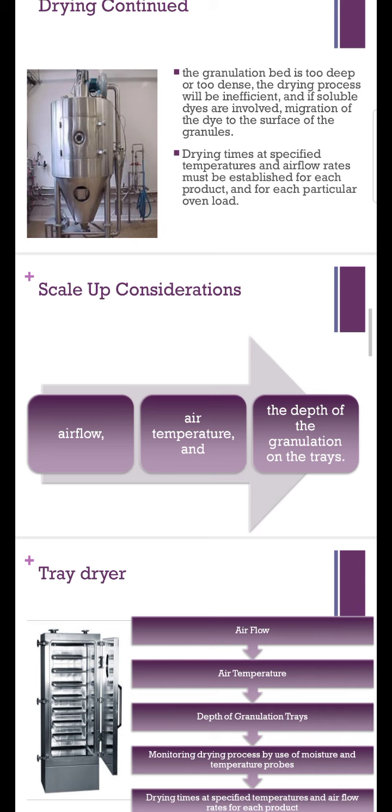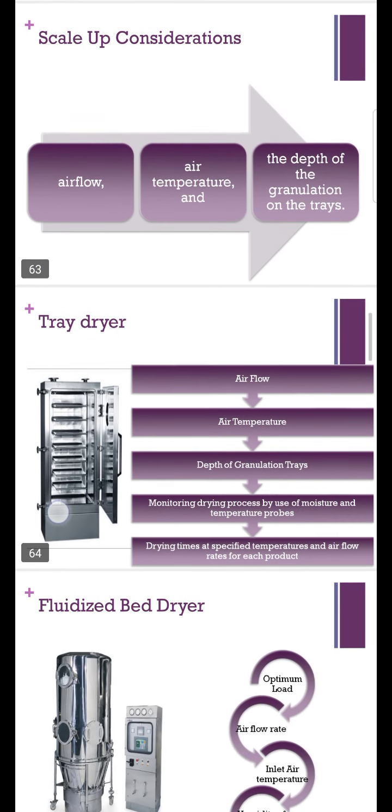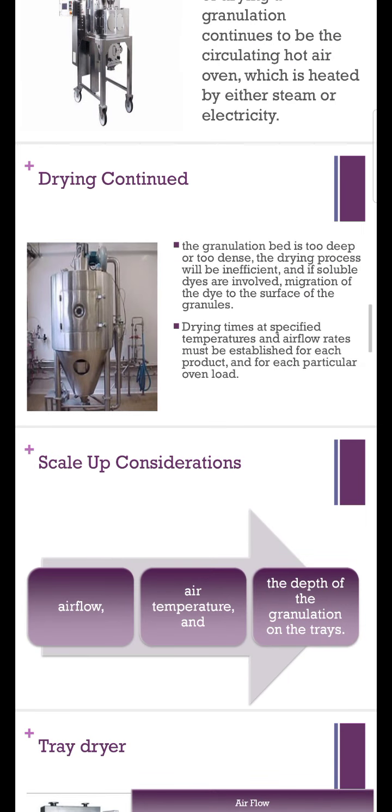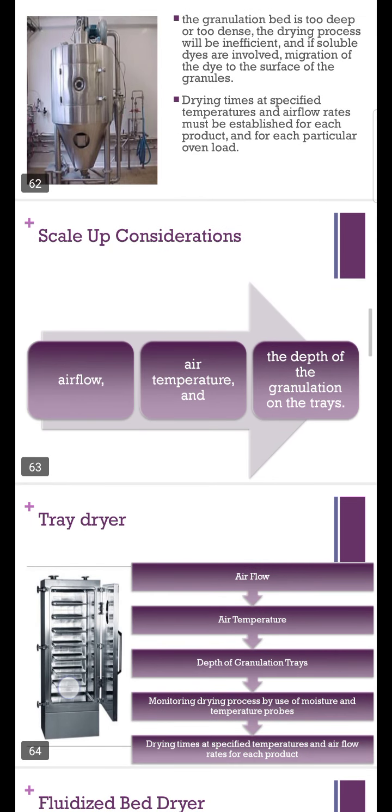Okay, so in case of drying, what are the scale up considerations? So airflow, air temperature, and the depth of the tray. Up to how much height or depth the material is loaded. If too much depth is there, then it cannot dry properly. Okay, so depth is also important in case of drying.